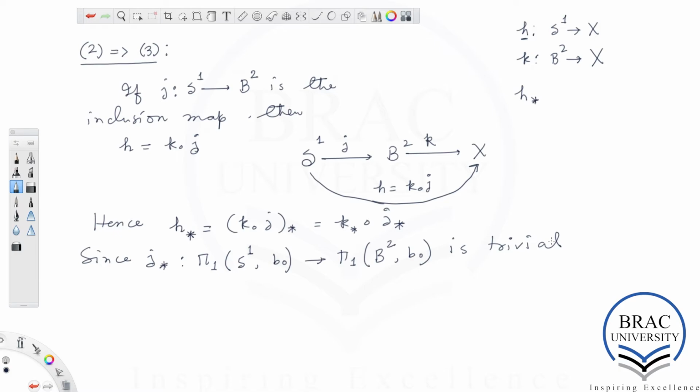It's given that this J star is trivial, meaning that we have J star to be trivial, right?